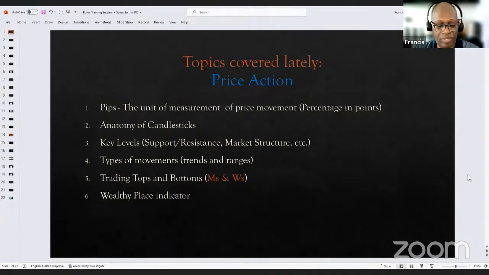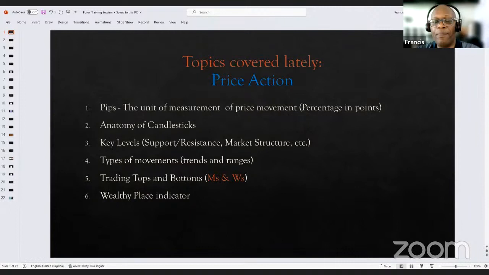tops and bottoms. It is a very popular technique or concept that is employed out there, but what I've done is I have refined it, and I'm going to be combining it with moving averages, which will make it easier to trade, and I would say to make your entries more precise and accurate.